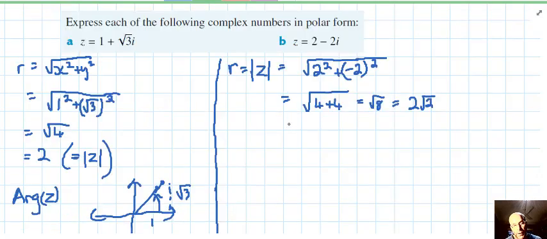For the second one, 2 minus 2i, the modulus of z is quite straightforward, comes out as 2 root 2. Now draw this one because we have to look at the true argument for it. Basically we have 2 minus 2i, so that might be down there like that.